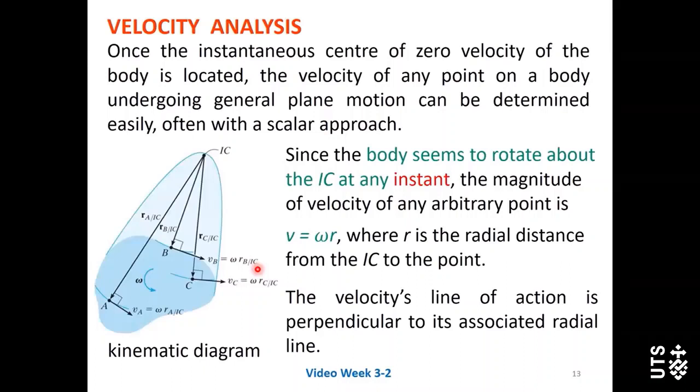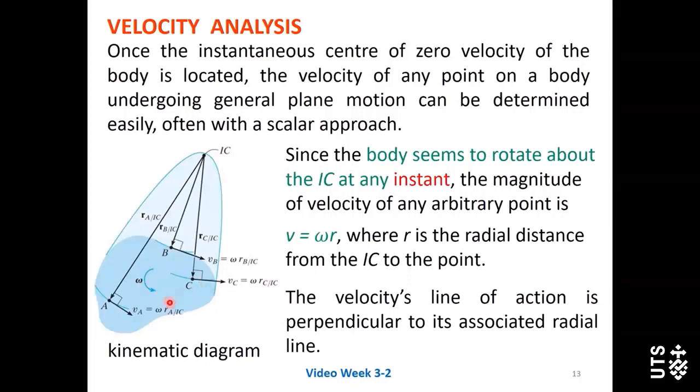their velocities. So for example, for point A, we connect IC and point A, and the direction of VA must be perpendicular to this line. For B or C, same.